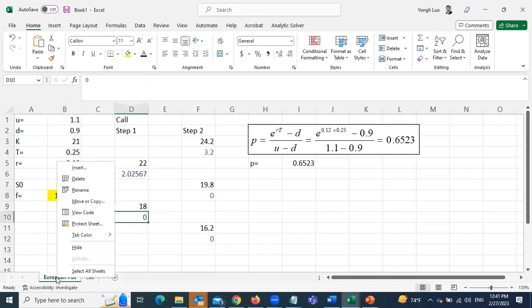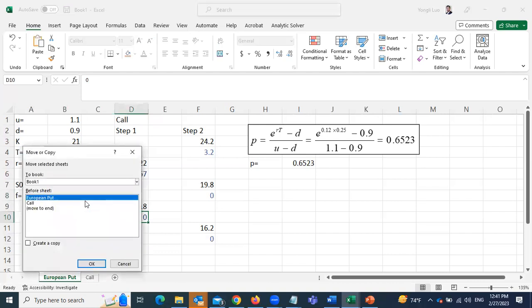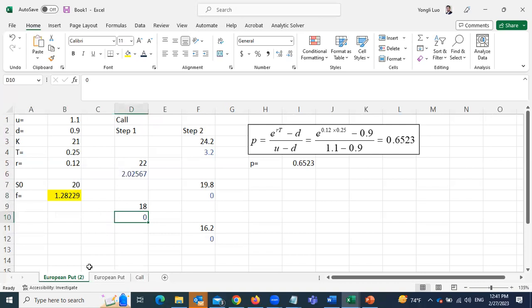Okay, now we make a copy in another sheet. Okay, we copy another one. Now let me rename it. Okay, now we have the American put option price. Okay, so you can see we just did the European put option and the American put option.